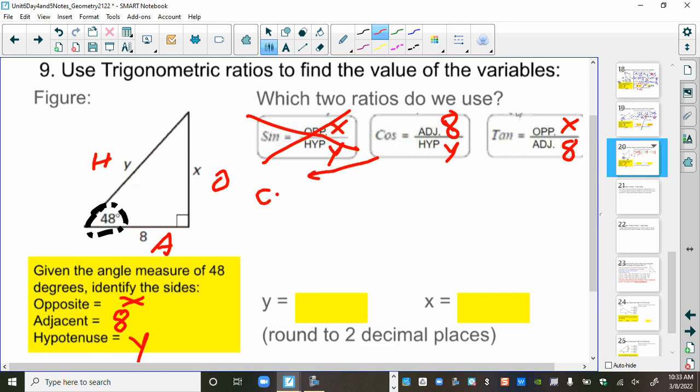So it's going to be cosine of 48. Again, you can put parentheses. Equals 8 over Y? Now, this one might be easier with the proportion.